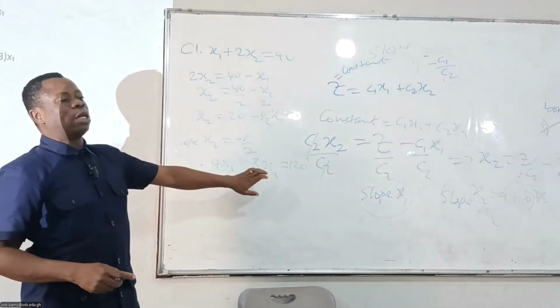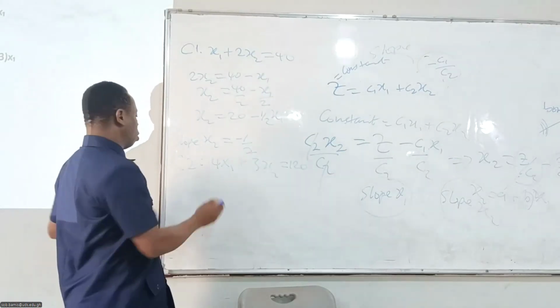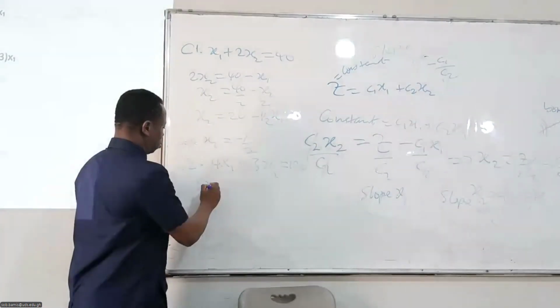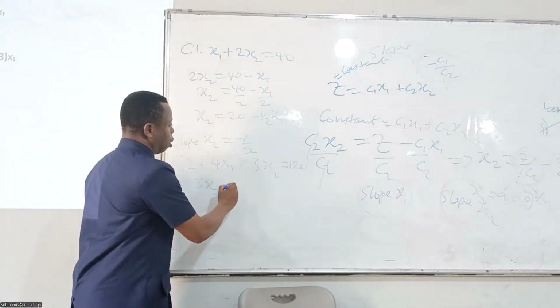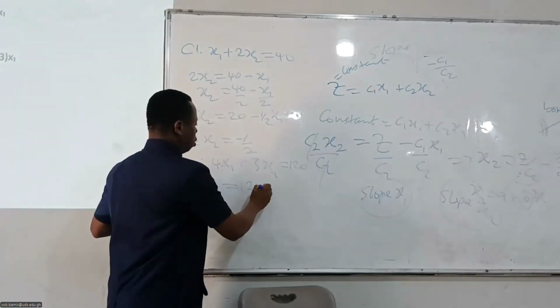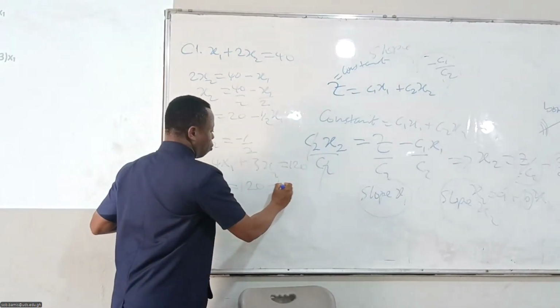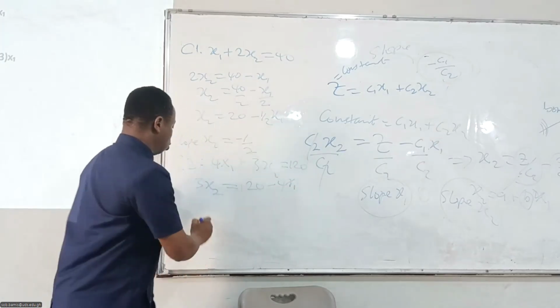Similarly, we make X2 the subject. So 3 X2 is equal to 120 minus 4 X1.